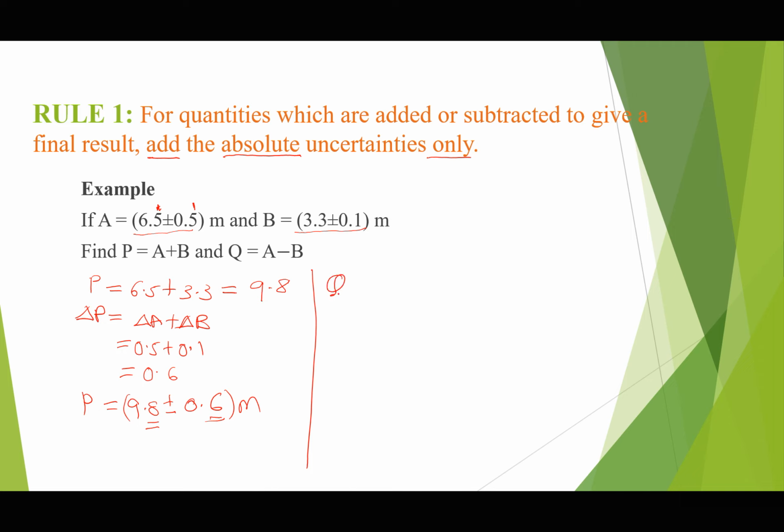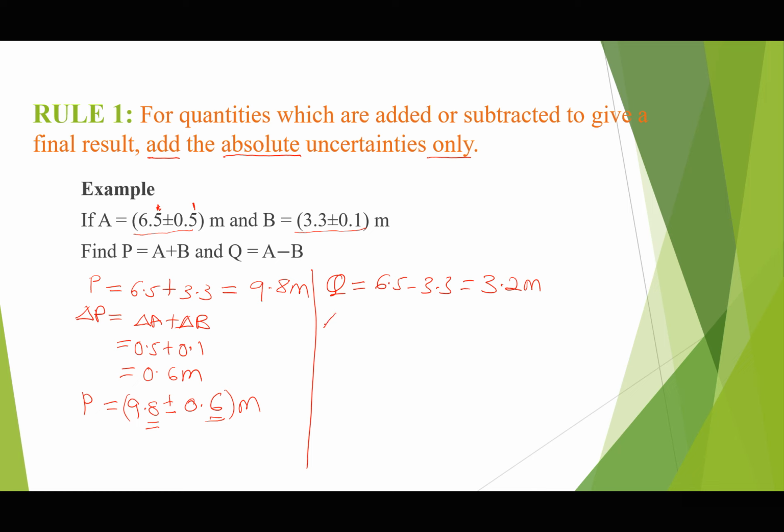Q is equal to A minus B. That means I have to subtract A and B. So Q will be equal to 6.5 minus 3.3. And when you press your calculator, this gives you 3.2 in meters. So this was also in meters. This uncertainty is also in meters. So that is Q. But then the rule says we only add, we do not subtract uncertainties.